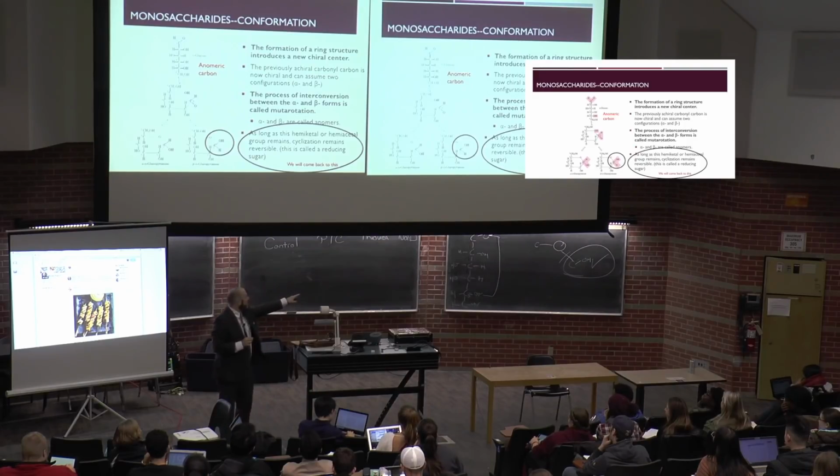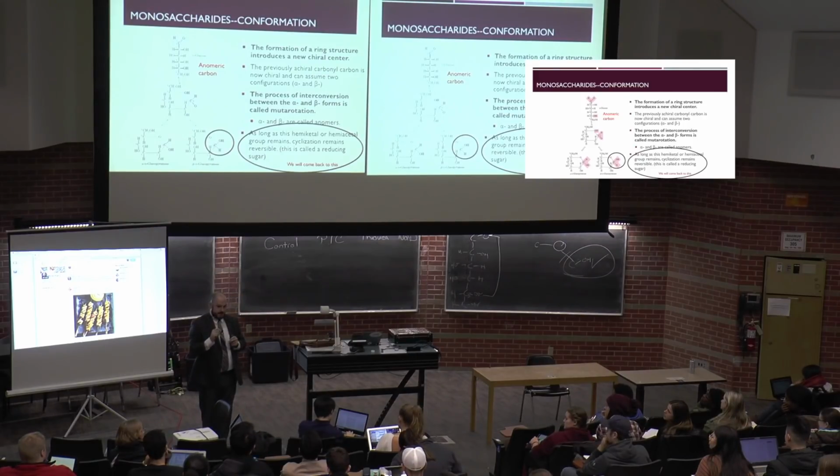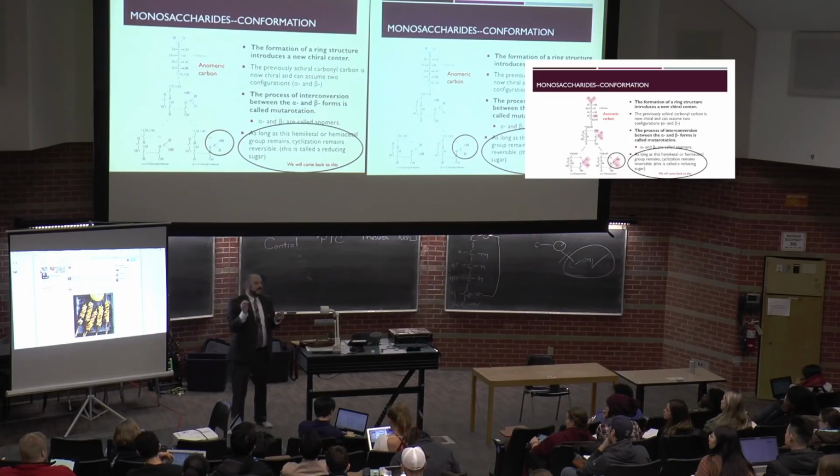So where would that hydroxyl group be used? In what chemical reaction? Yeah? Like condensation reactions, linking with other of the same unit. So condensation reactions is right. What is the most common condensation reaction in simple sugars? The formation of a disaccharide.